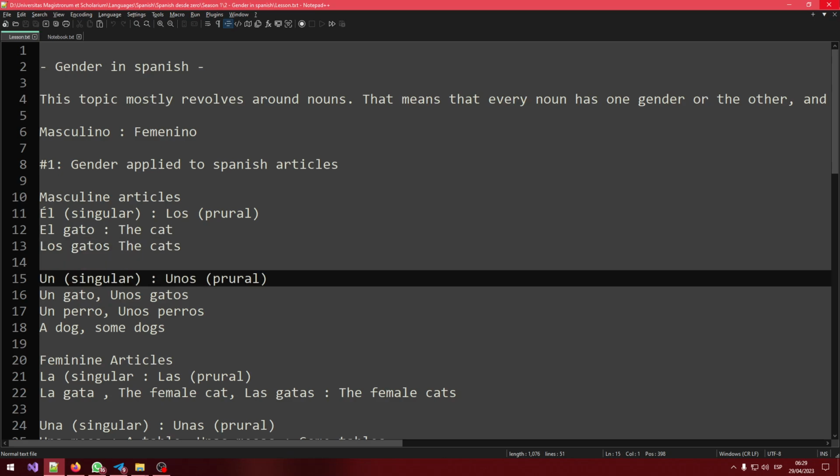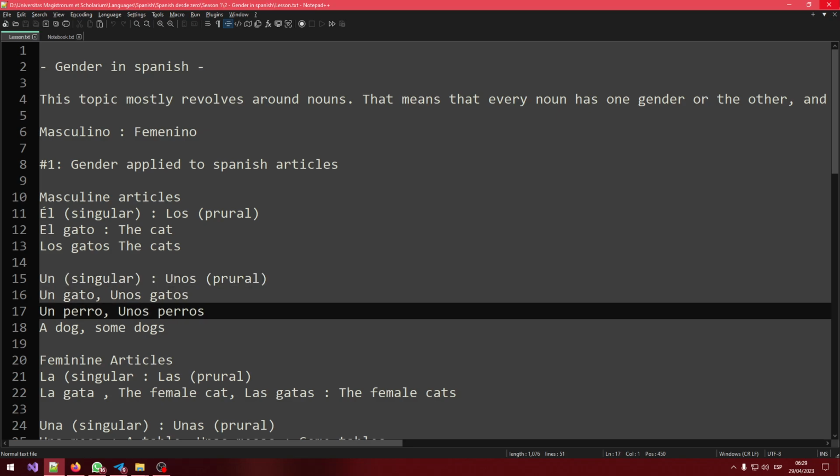Then we have un, which is singular for a, or maybe an. And then we have unos, which is a plural for some. For example, un perro, unos perros.